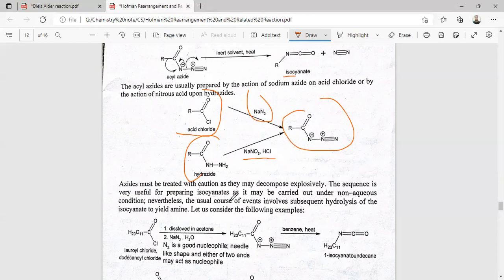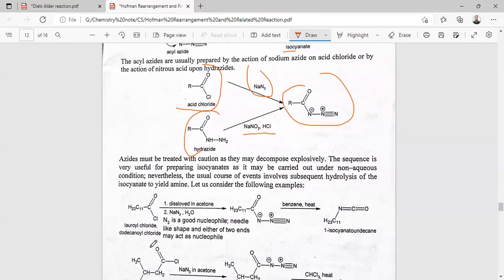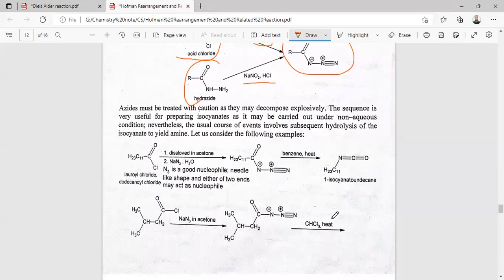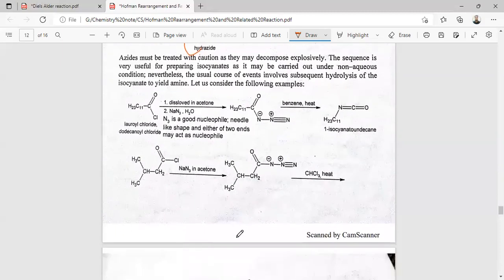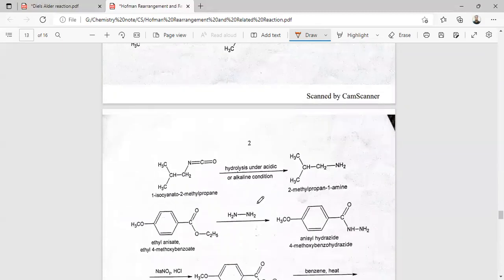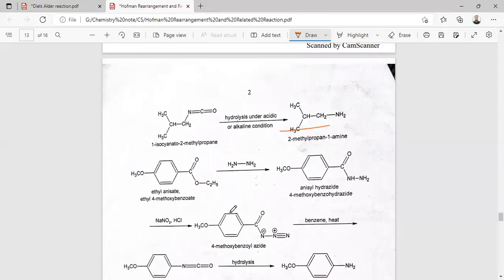Nevertheless, the usual course is subsequent hydrolysis of the isocyanate to the amine. So this acid chloride reacts with azide, and on heating with benzene forms this isocyanate, which under hydrolysis forms this amine intermediate.